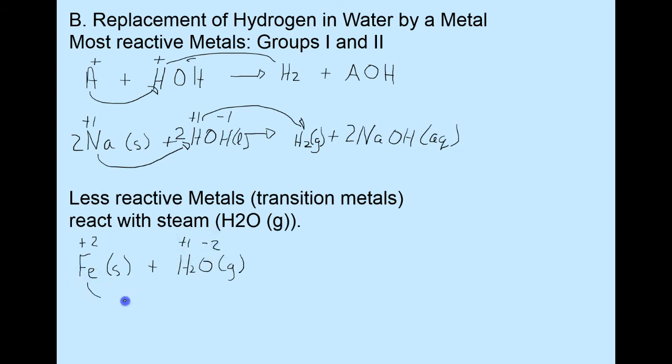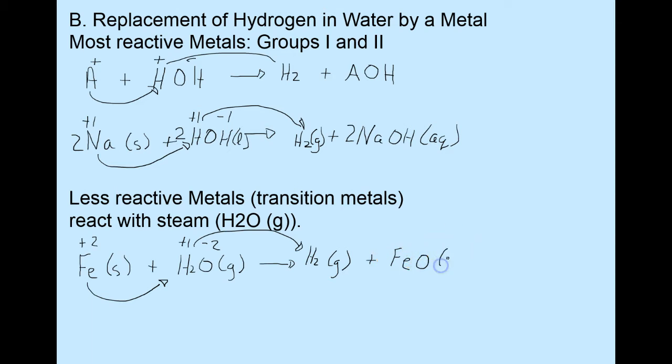The iron is going to kick the hydrogen out of solution. Hydrogen comes out in its elemental form as H2, which is a gas. Iron replaces the hydrogen, bonds with the oxygen. It's +2, -2, so your formula is FeO. +2, -2, it's going to cancel out.